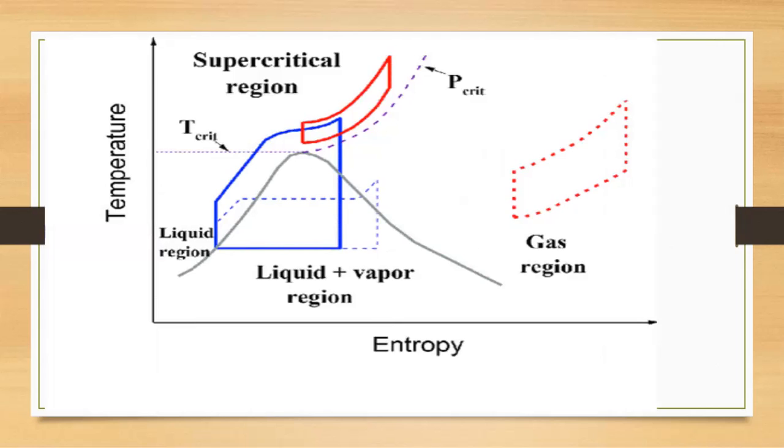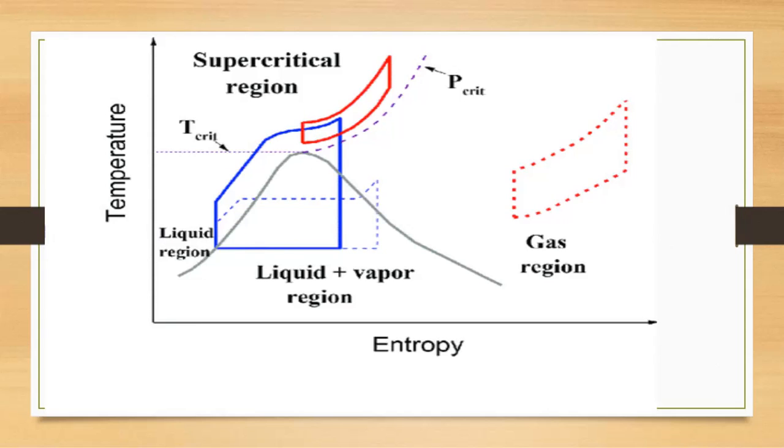And the temperature, I think you are all aware of this. Here you see the lines of the graph. These graphs have a parabolic shape, and T critical means the critical temperature, and P critical means the critical pressure.